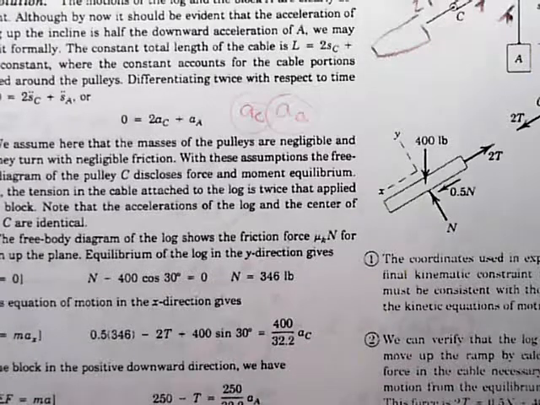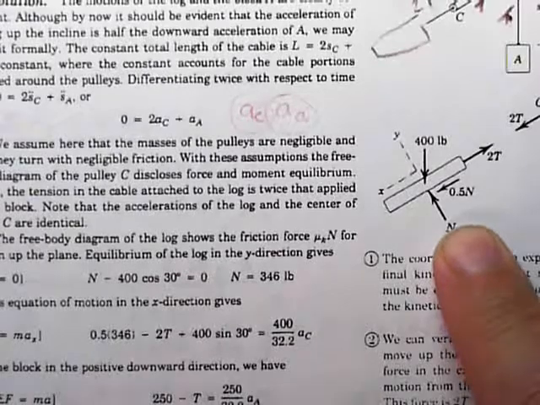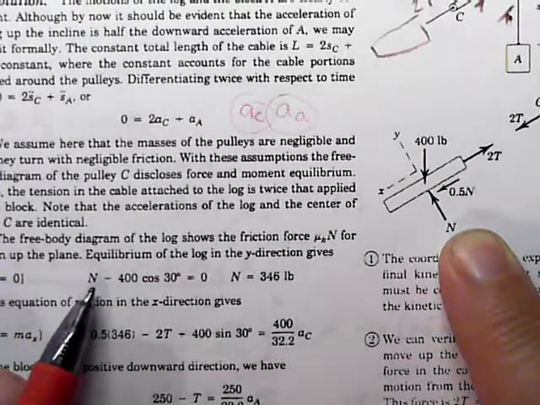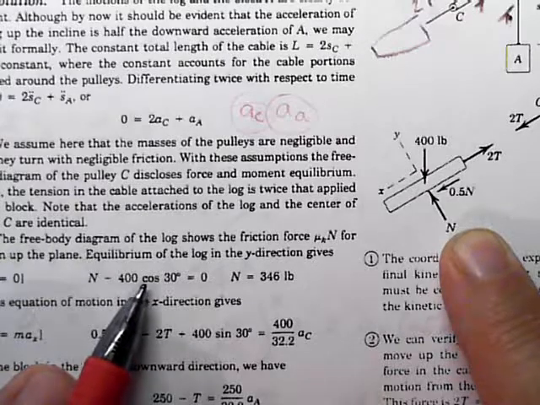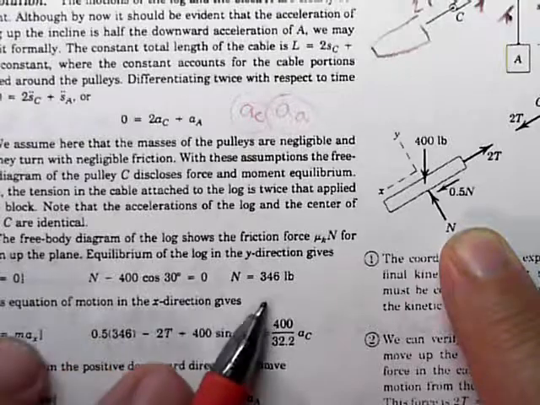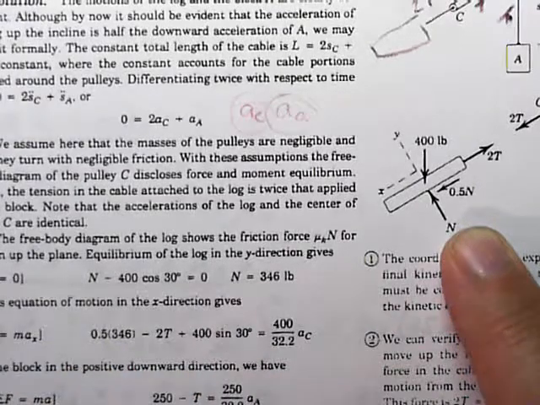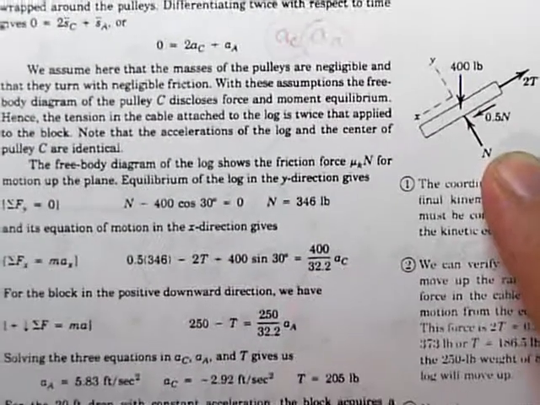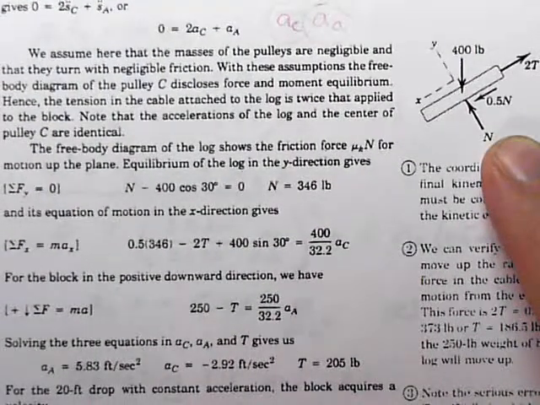And then from the log in the y direction, sum of forces in the y direction is equal to the normal force positive, 400 cosine of the 30-degree slope acting downward equals 0. That tells us the normal is 346, and that's going to tell us what our friction is. And then we sum forces in the x direction equal mass times acceleration in the x.